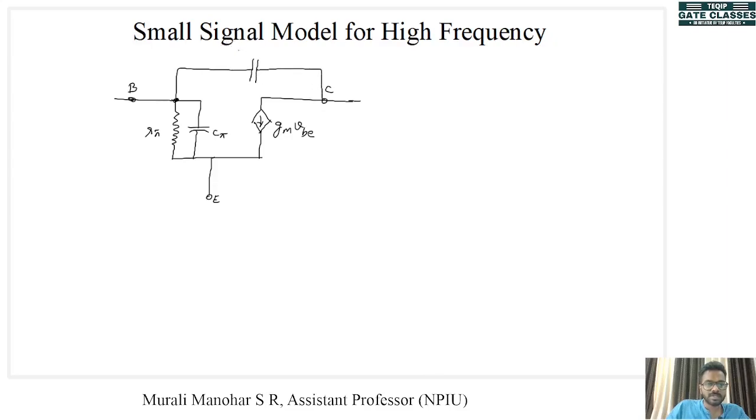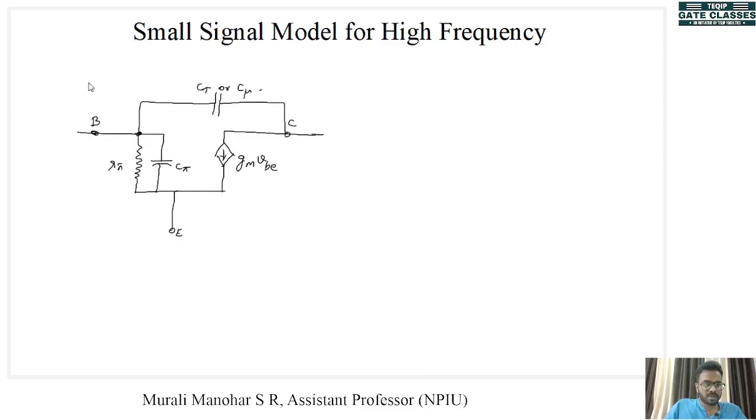So this is CT or C mu. Now this is the model of our BJT during high frequency analysis. Okay, here we have our IB and IE. This is IC. None of these things change.